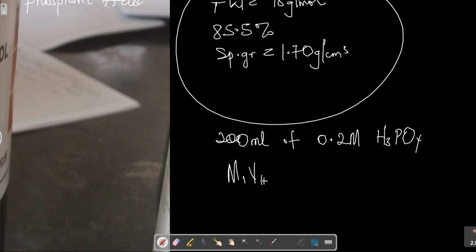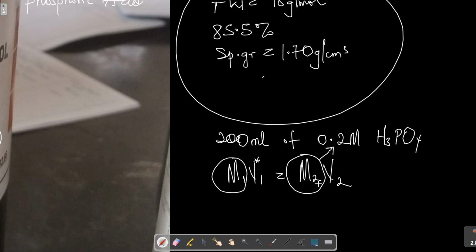So you have M1V1 equal to M2V2. First you get your initial concentration, which you're asked to calculate with the information here. Then you want to look for what volume you need to measure out. Your final concentration is 0.2 molar, and your final volume, which is V2, is 200 ml. So get that also and drop the answer in the comment section below.